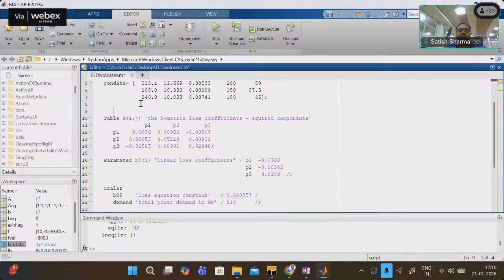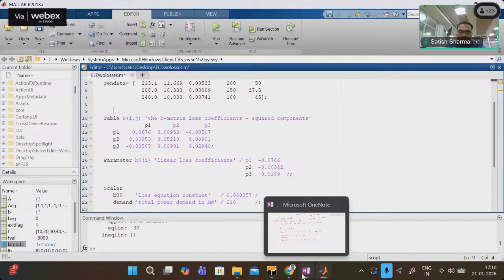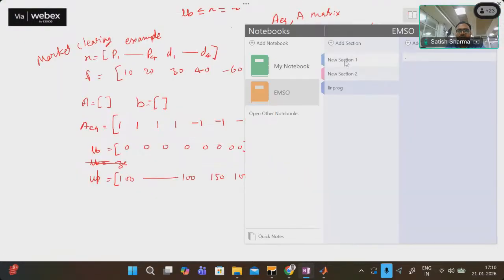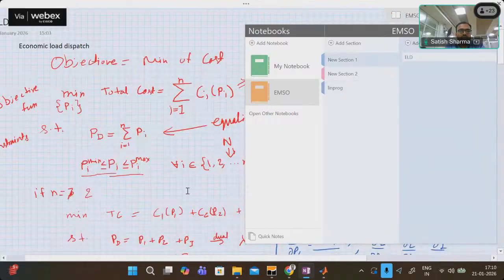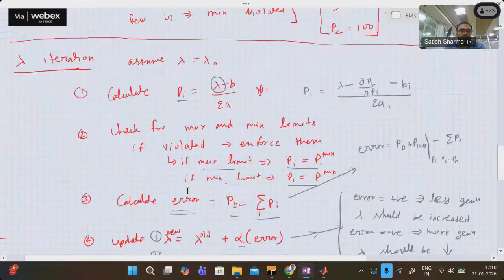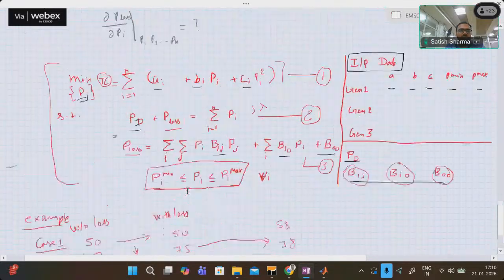Then cost coefficients. So if I go back to this particular economic load dispatch problem and see, if losses are involved, then the problem is no longer linear.